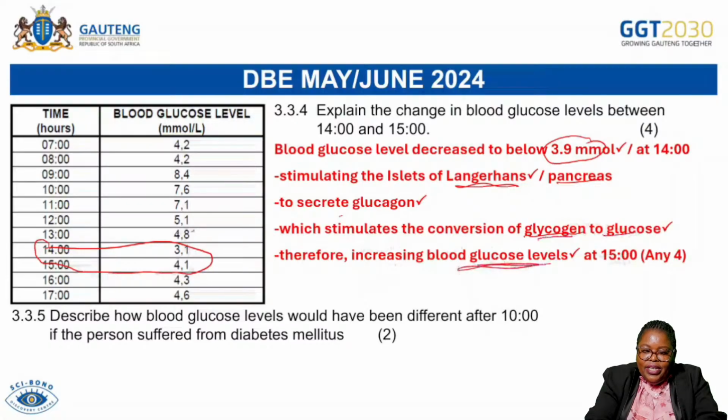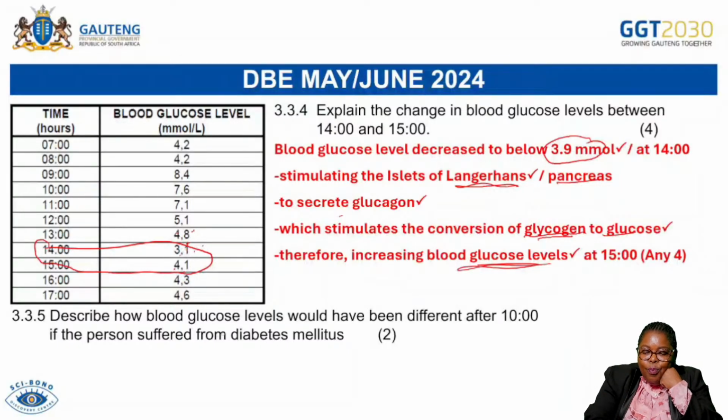It was 4.8, then 3.1, then 4.1. So it actually increased from 14 hours to 15 hours, from 3.1 to 4.1. Okay?